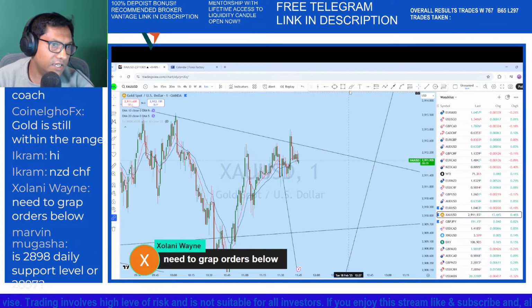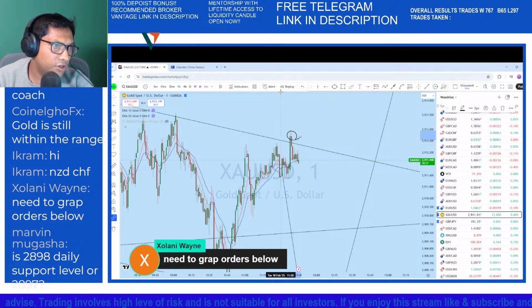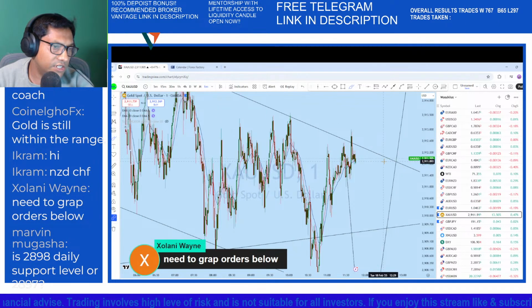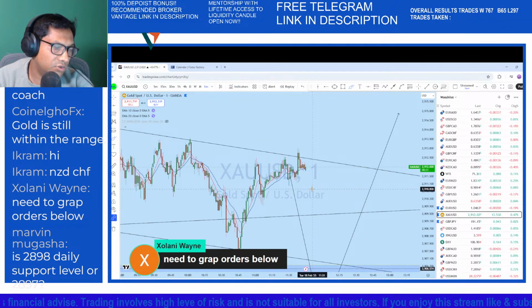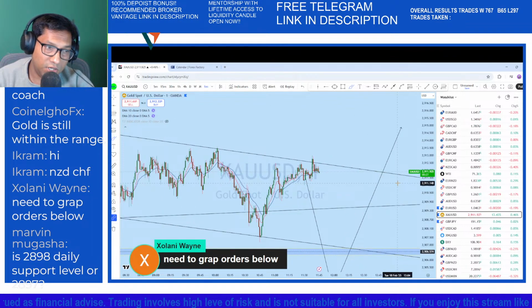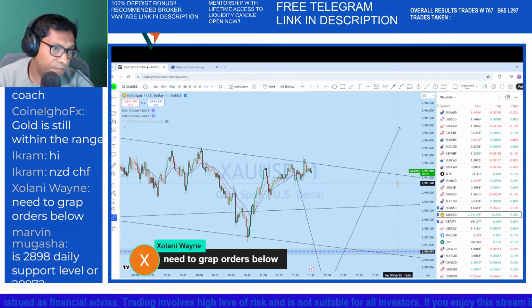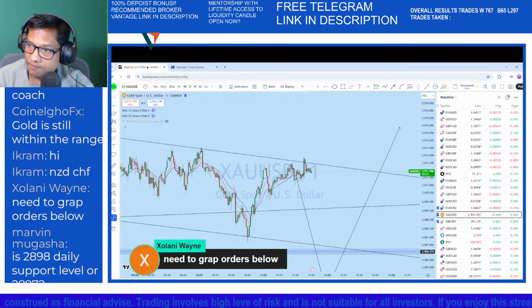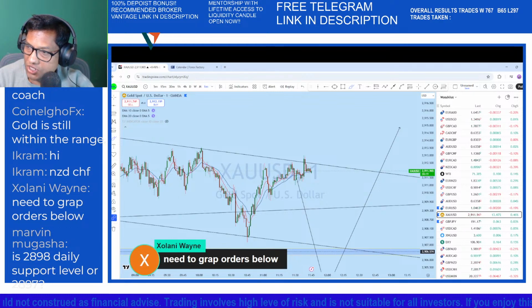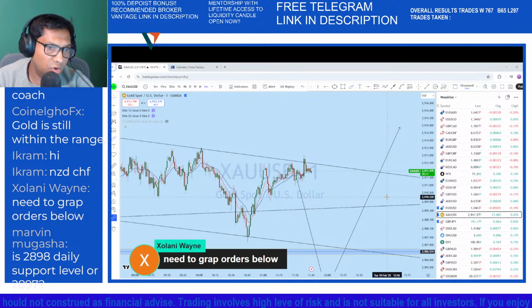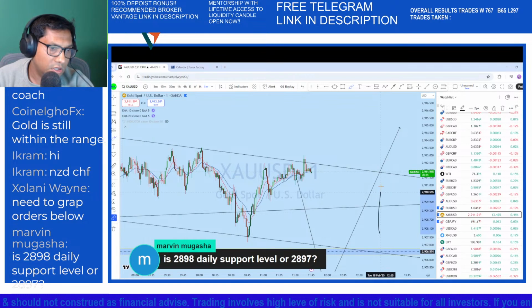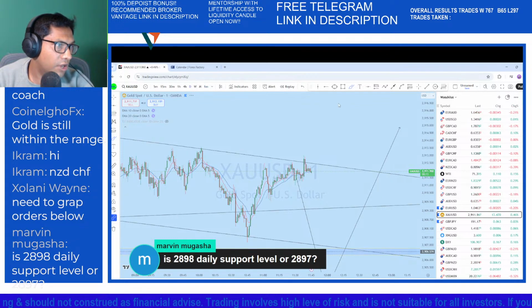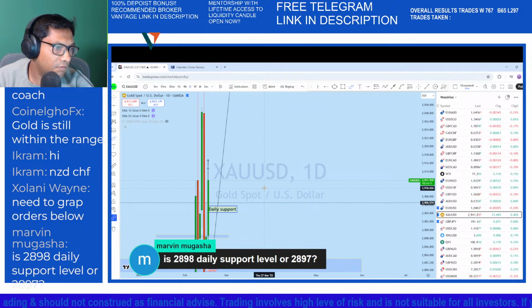Here it is forming a potential head and shoulders, but I'm not entering a sell trade yet, because as we discussed, this is a long-term bull market, so we will only be looking for bullish entries in this market. Is 2898 a daily support level, 2897? Let me look at that here.